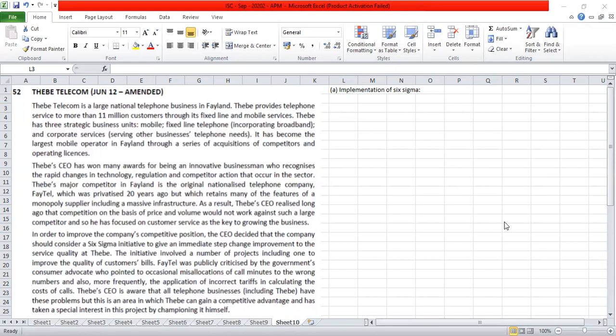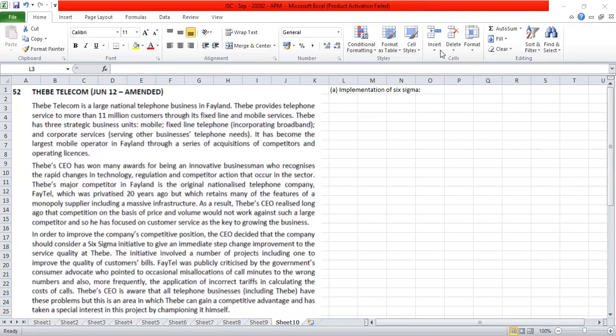In order to improve the company's competitive position, the CEO decided the company should consider a Six Sigma initiative to give an immediate step change improvement to the service quality at Thebe. The initiative involved a number of projects, including one to improve the quality of customers' billing.